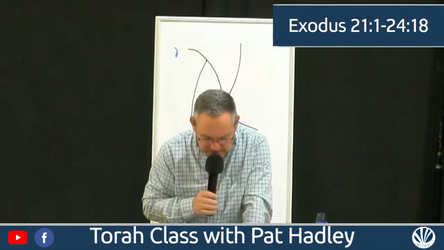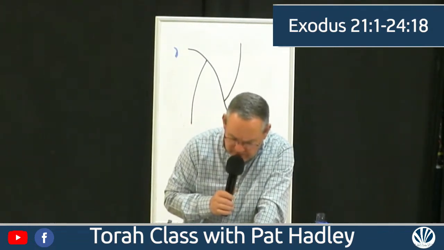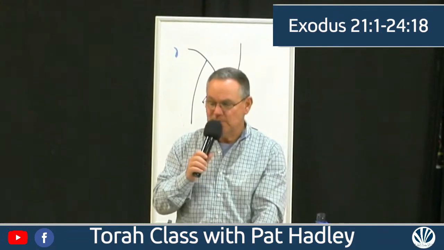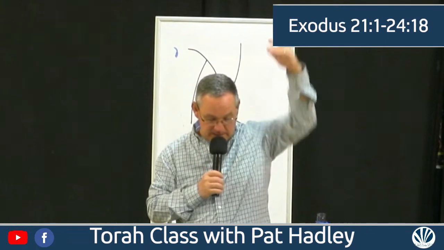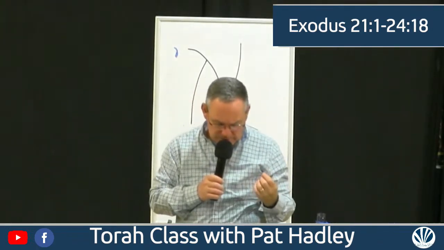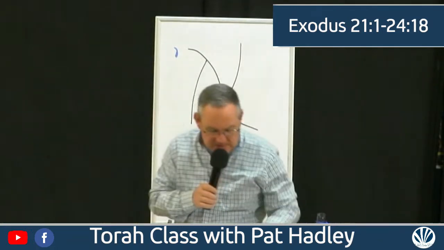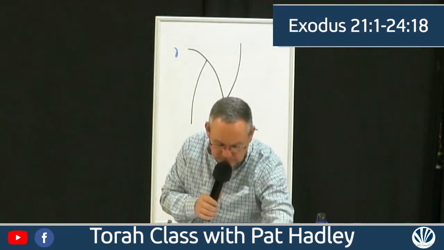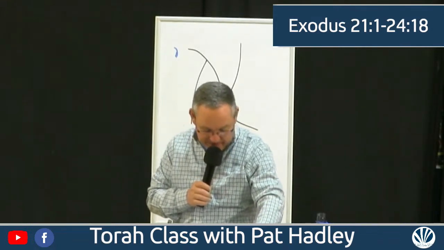Physically attacking or cursing your father or mother, because remember, they represent God in your life. Kidnapping, sorcery, sacrificing to other gods and idols, bestiality, and oppressing widows and orphans, as we already read about.